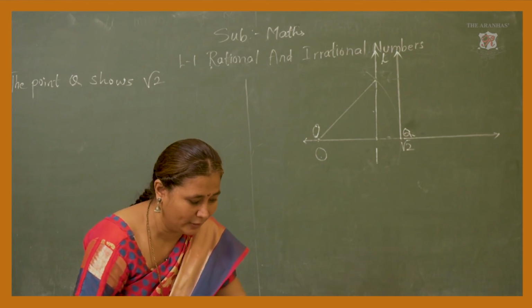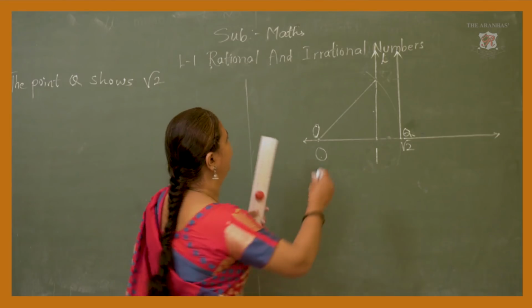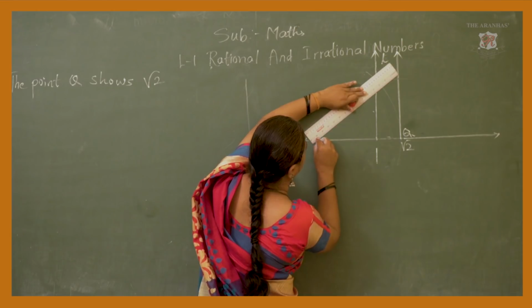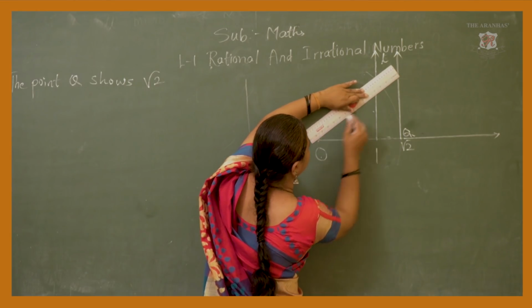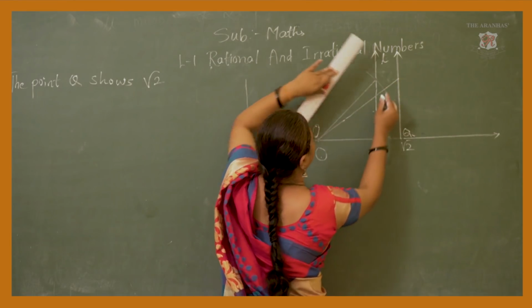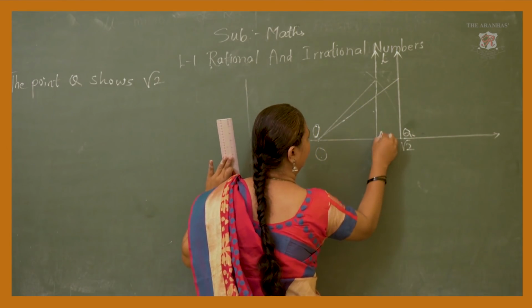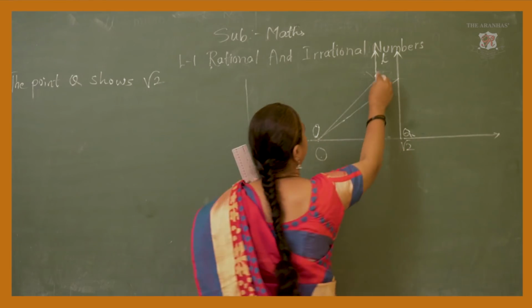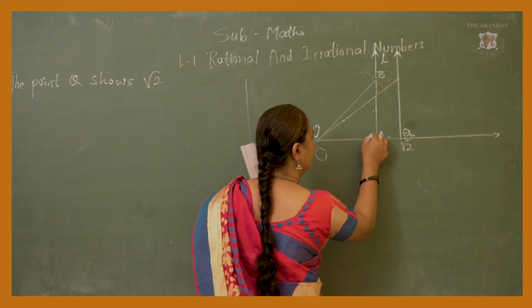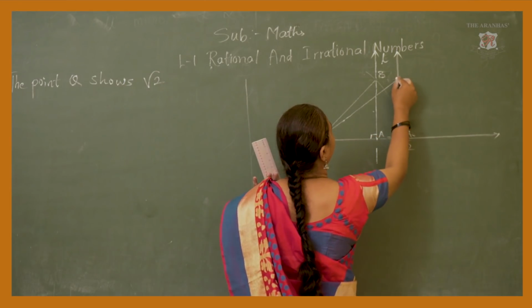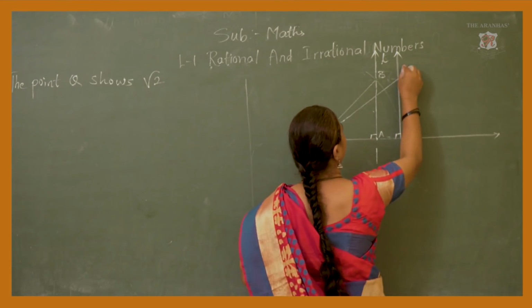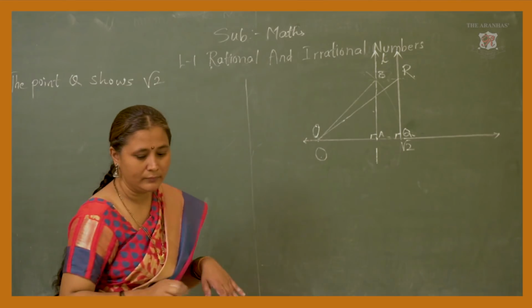For the first sum I have to take that. Here, whatever the previous points were, I am writing them over here again. Here it is Q and here, which point is given? R is given. Understood?